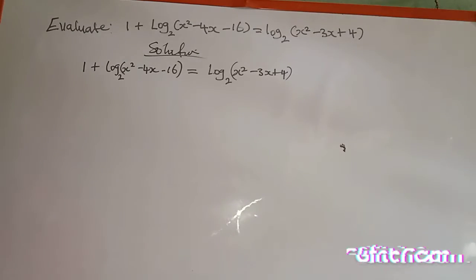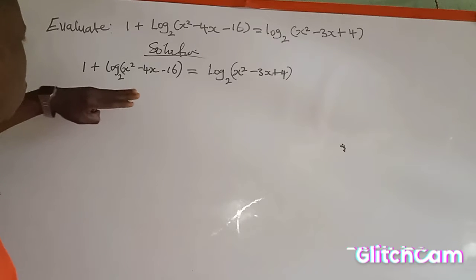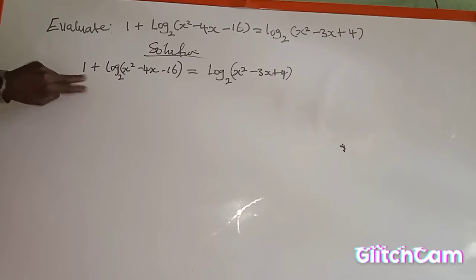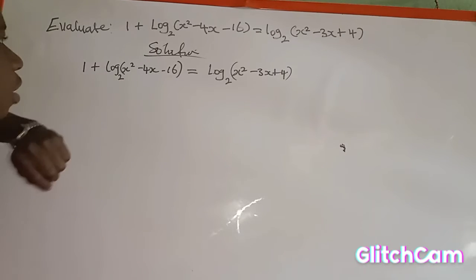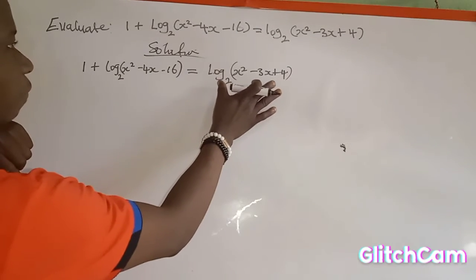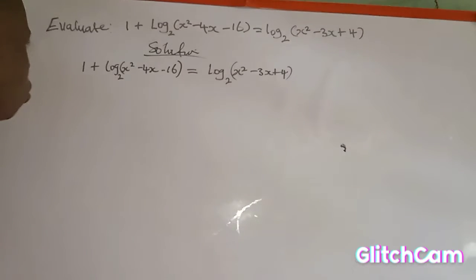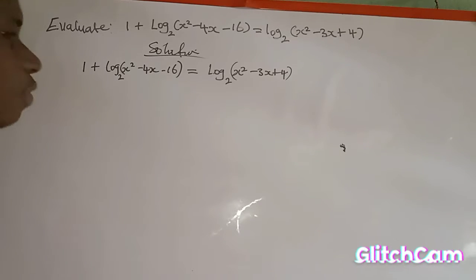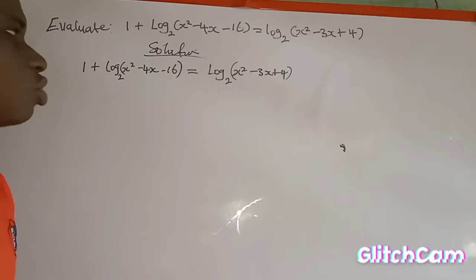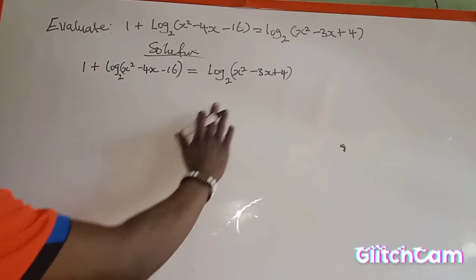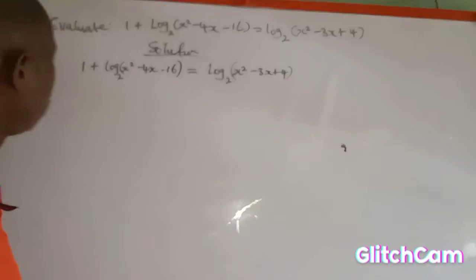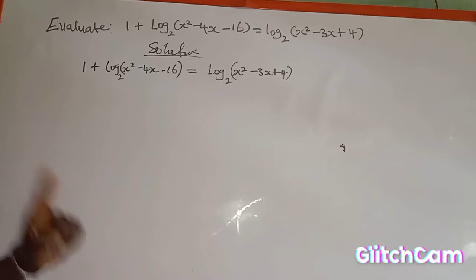If you look at this question very well, the first term is 1, a constant, not in logarithm. The second term is a logarithm, and on the right side, it is in logarithm. So before we can continue, we are going to make sure every term is in logarithm to the base of 2, because this one is in logarithm to the base of 2, this is logarithm to the base of 2, but this one is constant.